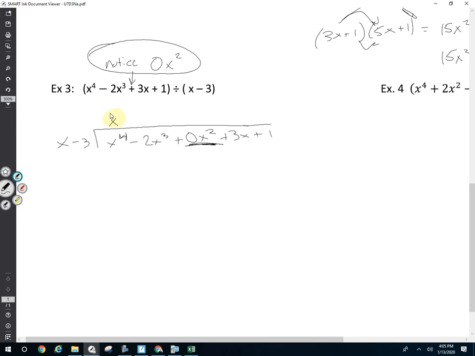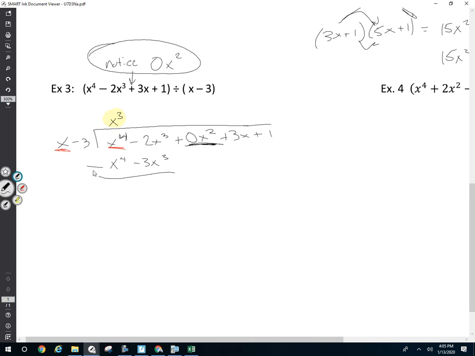X cubed is correct because all we worry about is the x and the x to the 4th. What's the next step, Miss Arbogast? Multiply x cubed by x minus 3. Okay. X cubed times x is x to the 4th. X cubed times negative 3 is negative 3x cubed. What do we do with these two things, Mr. Berneberg?